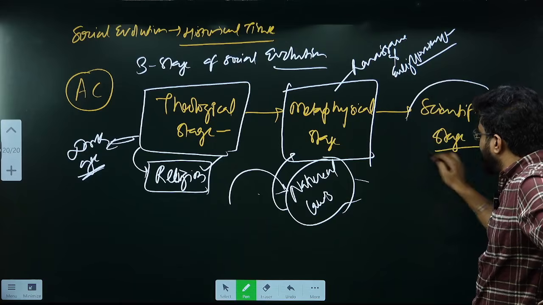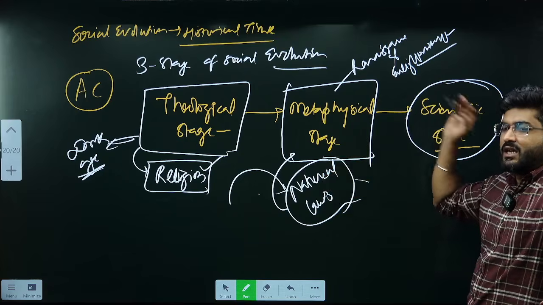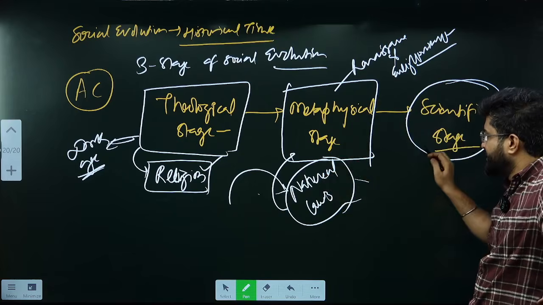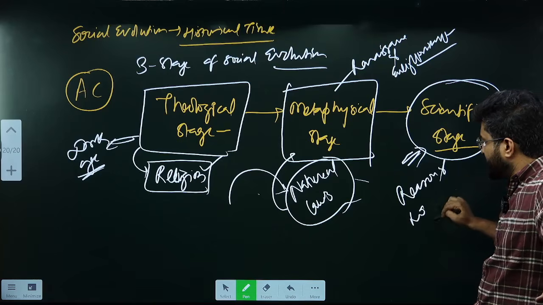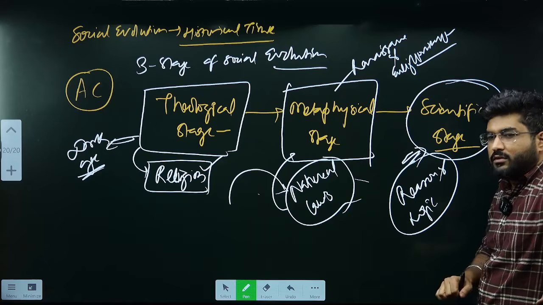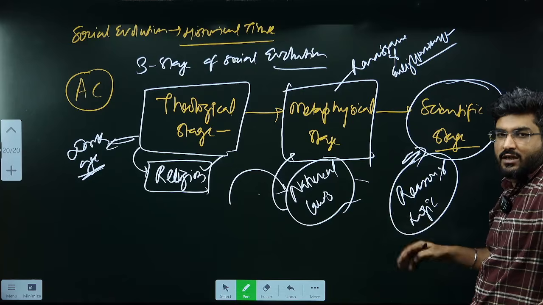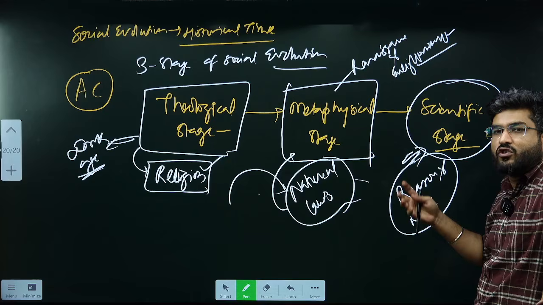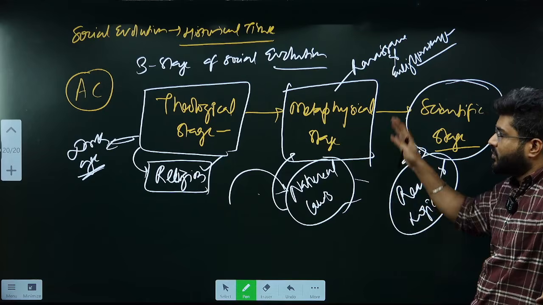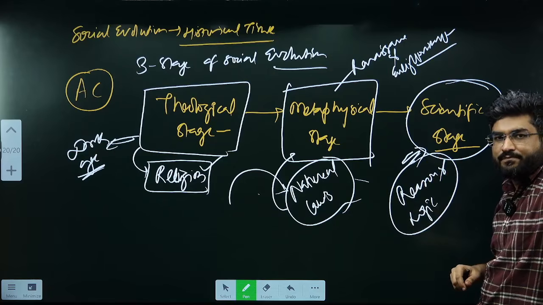Then there will be the scientific stage. What is this scientific stage? Everything which we have been seeing in nature, in the natural laws, we will start questioning on the basis of reason and logic. We will ask why this particular thing exists, even though nature has been saying that it is existing. What is the reason behind that? What is the logic behind that? So this is how society moves from the theological stage to the metaphysical to the scientific stage.